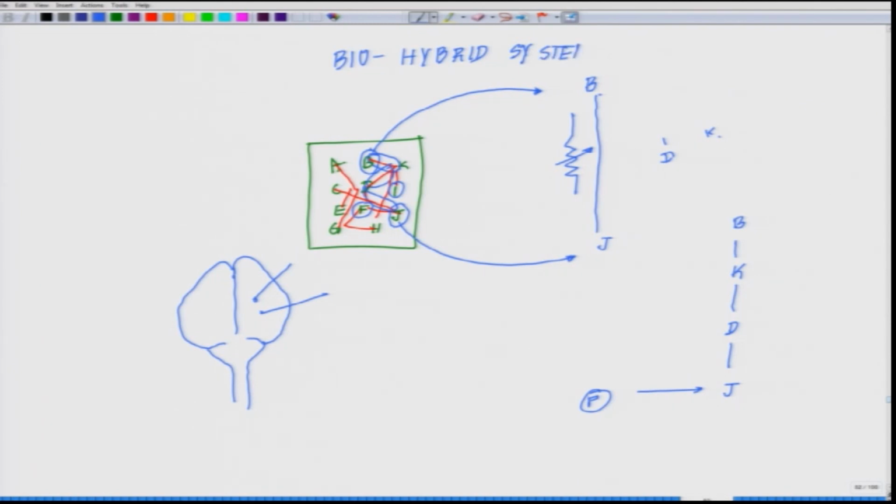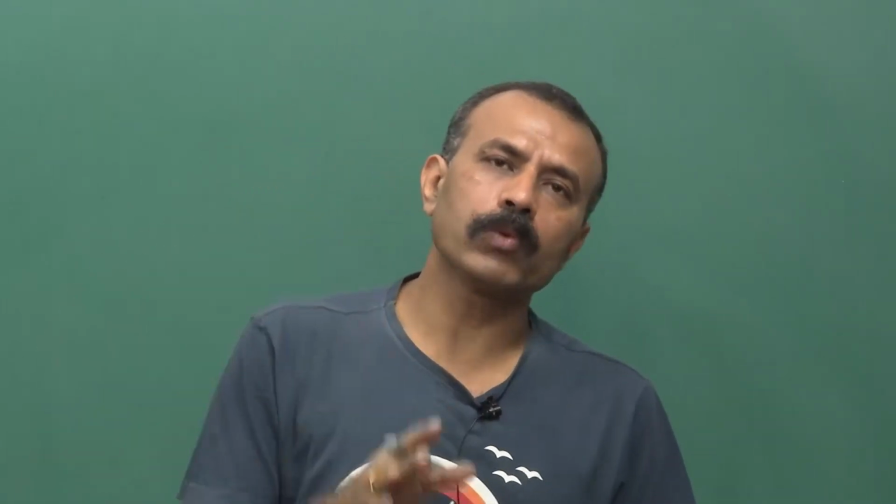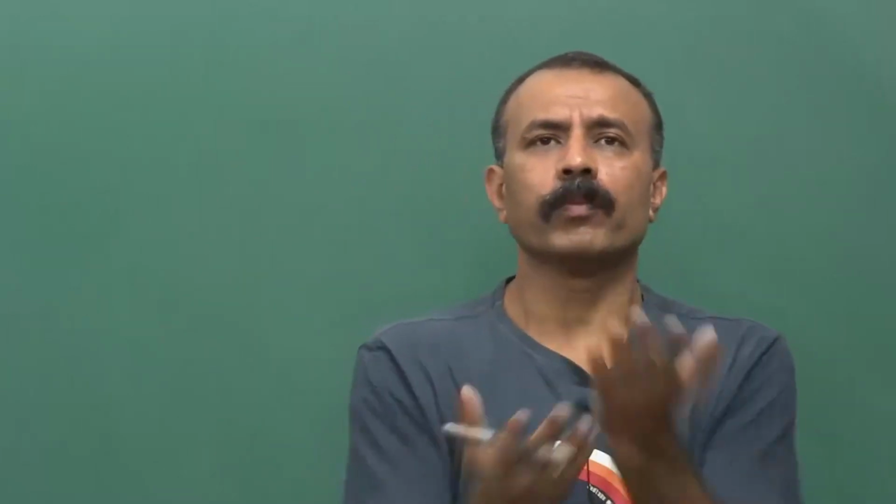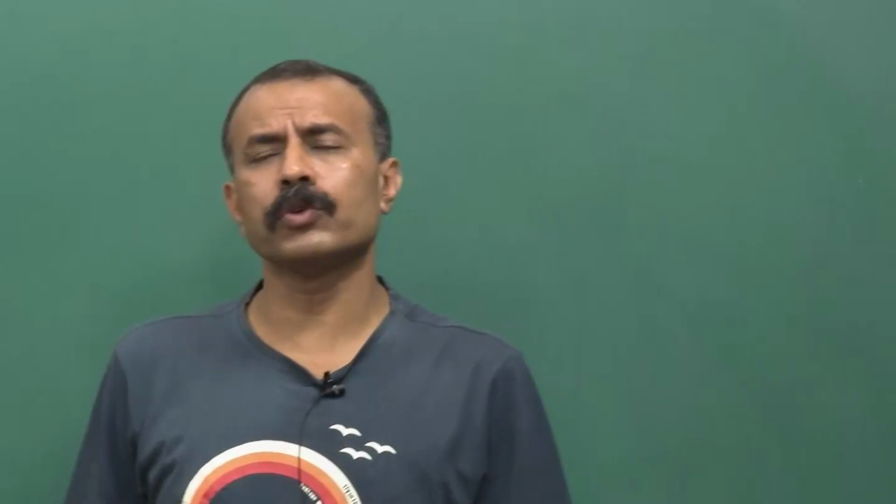And this biohybrid system is essentially you are marrying the electrical and electronic components with microfabrication technology along with cell culture, chemistry, surface chemistry, and a whole plethora of different technologies in one platform. So, this is a very, very emerging area of cell culture, and this is where the future lies.